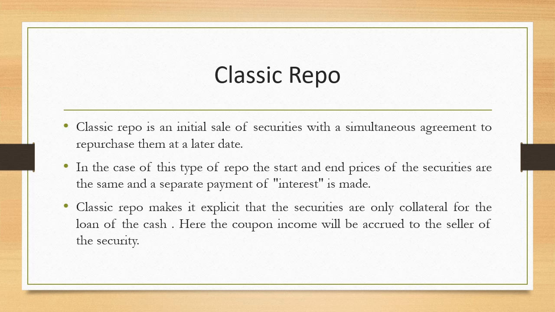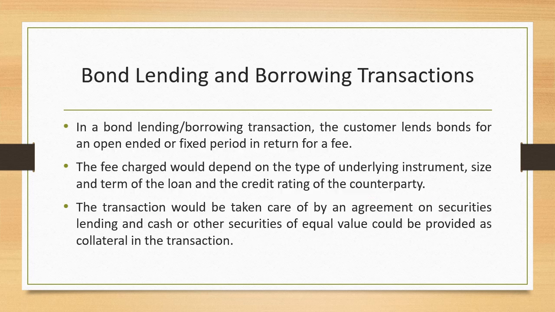And in classic repo, it's very clear that the security is only for the purpose of collateral. There is no other purpose. Please remember, in case of a buy sell repo, the security is being sold, right? But in case of a classic repo, the security is just being used as a collateral. That is the difference. And another difference is that only the interest component is exchanged. Price is not changed here.